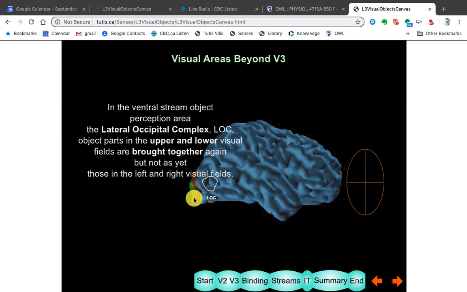So for example, here you see a lion. It doesn't matter whether the lion occurred above or below. The lion is in the left visual field, so it activates the right LOC. If the lion was over on the other side, it would activate the opposite side of the cortex, much like V1, V2, V3.